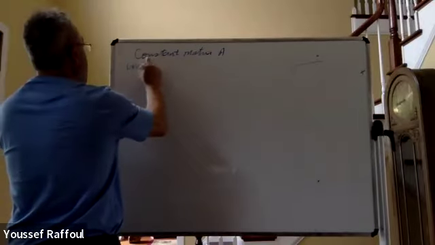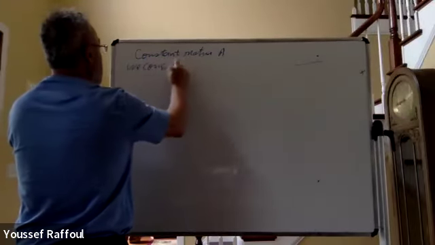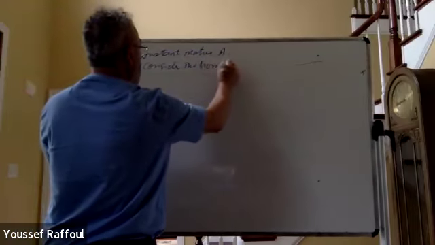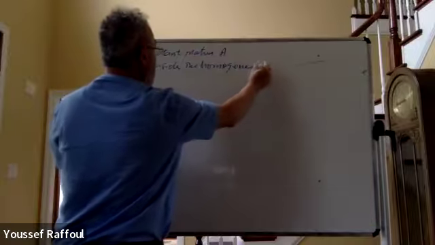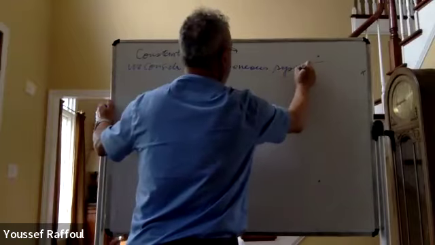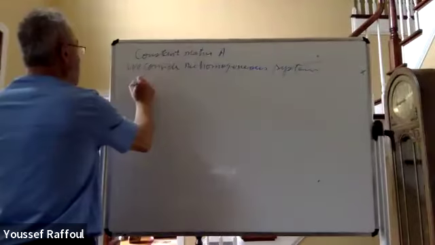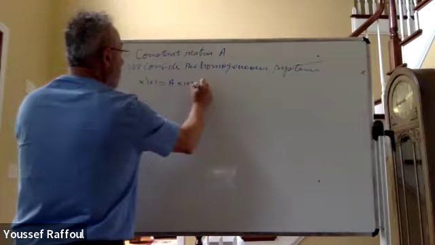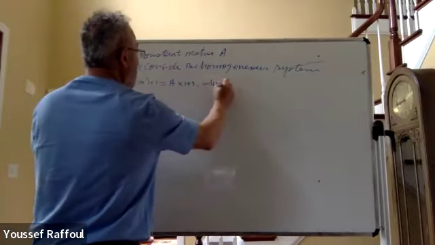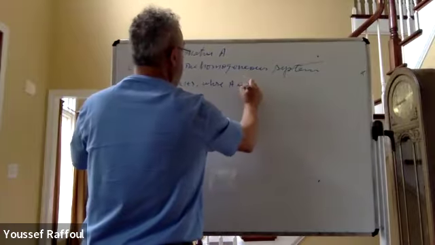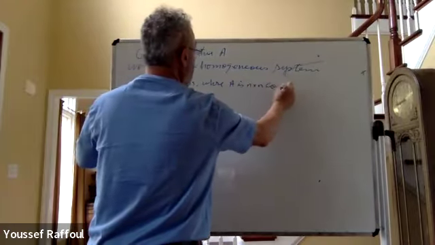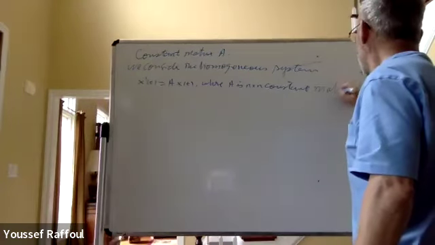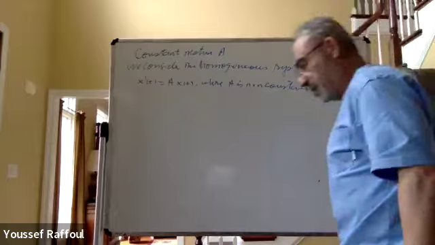That is, we want to reconsider the homogeneous system x prime of t equals A x of t, where A is an n by n constant matrix.